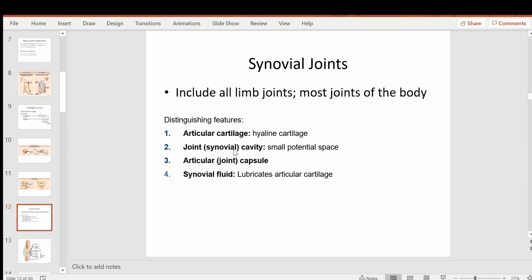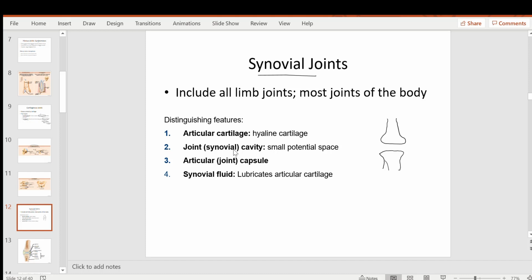Now synovial joints. There are seven different types of synovial joints. We will see the properties of a synovial joint. A typical synovial joint should have a number of things. So this is the end of a bone, and this is the end of another bone.